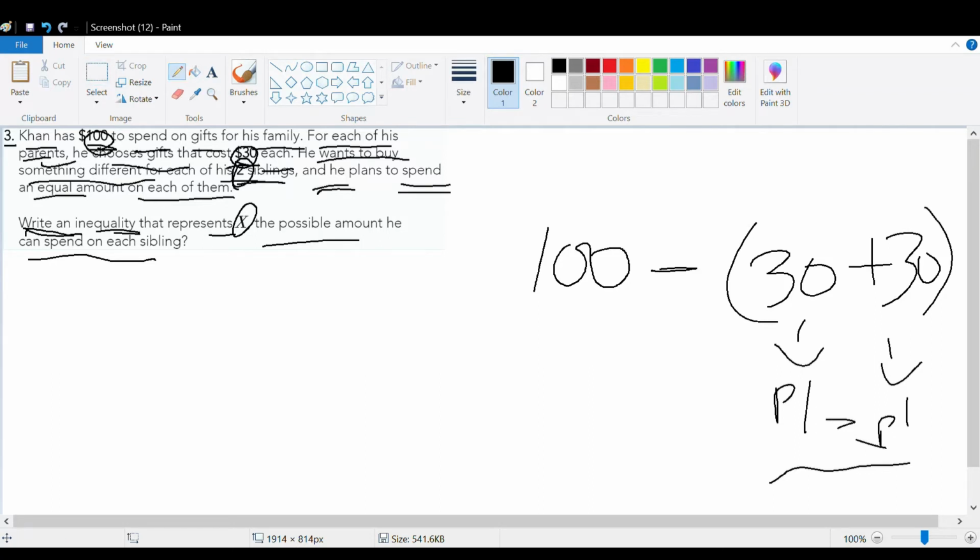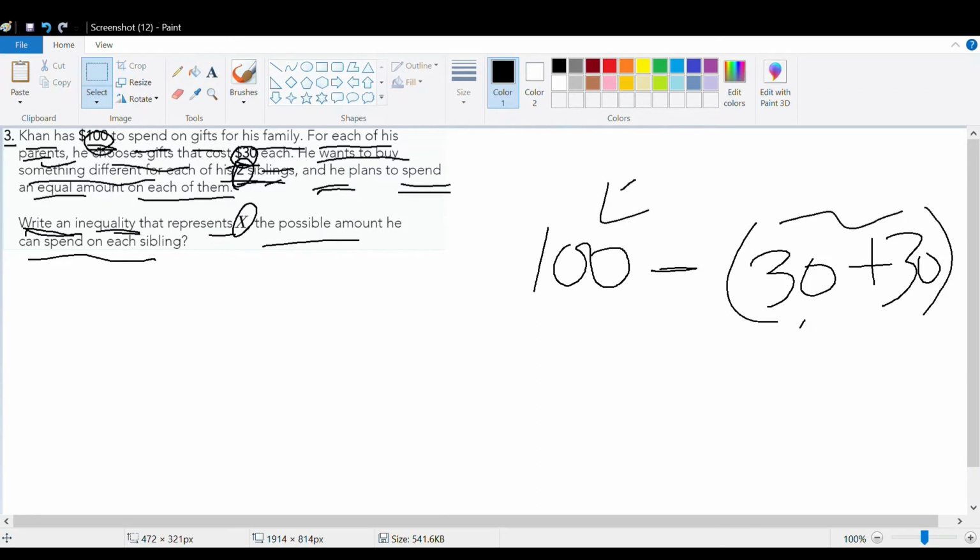If we add these two together and subtract it from the total amount, which is 100, we will get an amount that represents the total amount of money that he's able to spend on his two siblings. So this right here is the first part of the inequality.